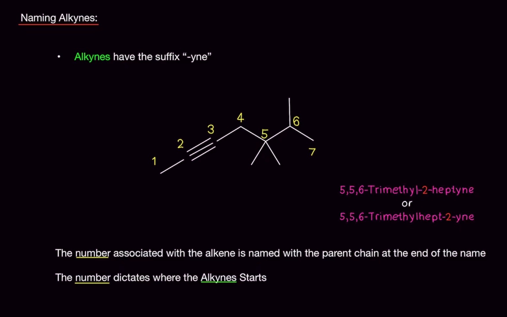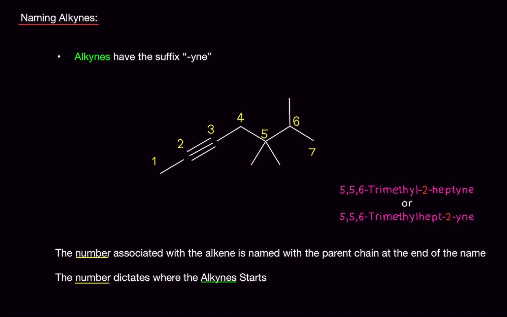Now remember, when naming molecules, numbers are separated by commas from other numbers, and hyphens separate numbers and letters. So you're going to number the parent chain, make sure the alkyne is lowest, and then figure out the substituents that branch off of the parent chain. So here, carbon 5 has 2 methyl groups, and carbon 6 has 1 methyl group. We can combine the methyls together to call it trimethyl.